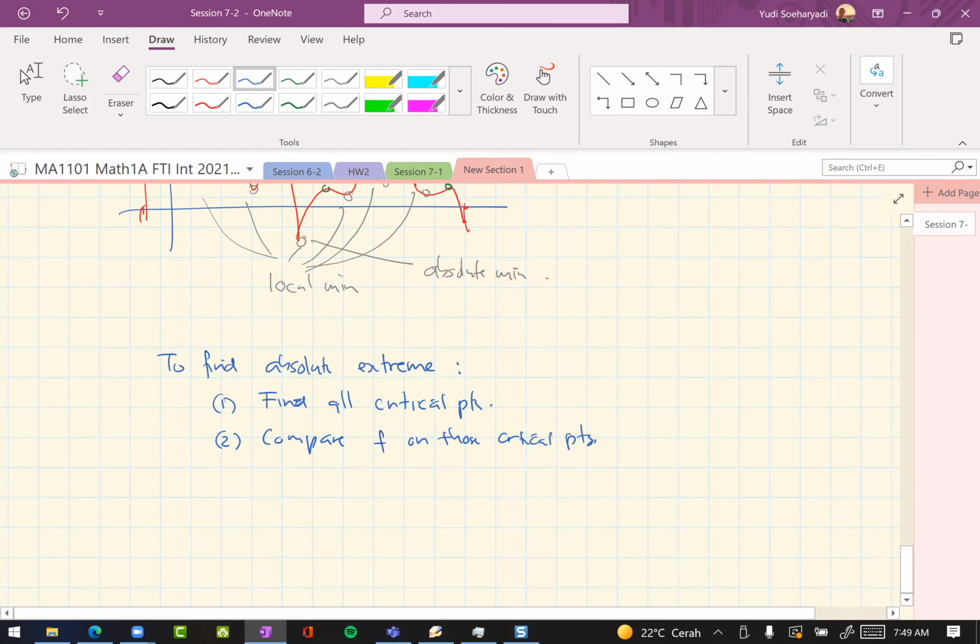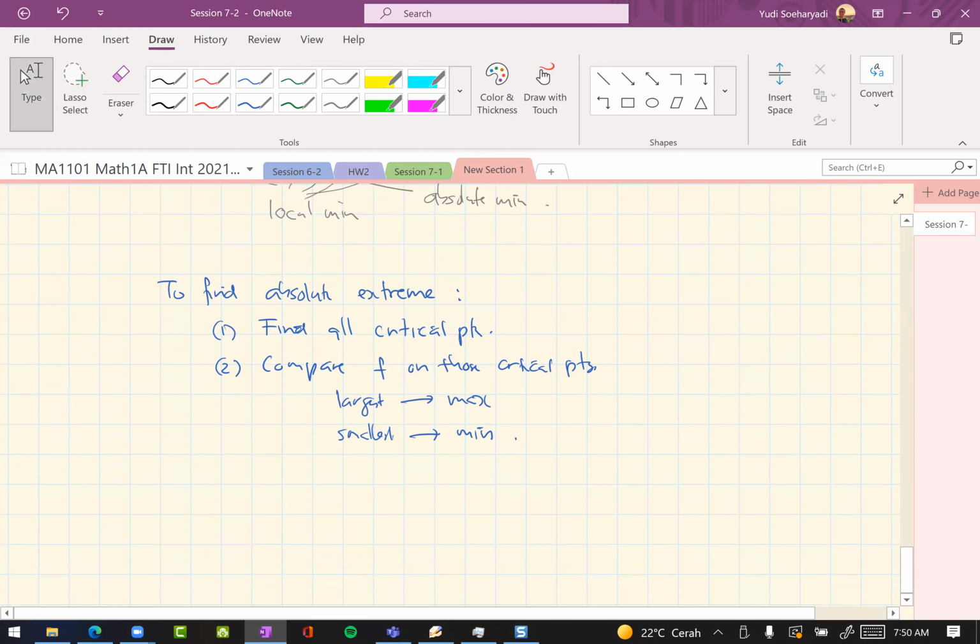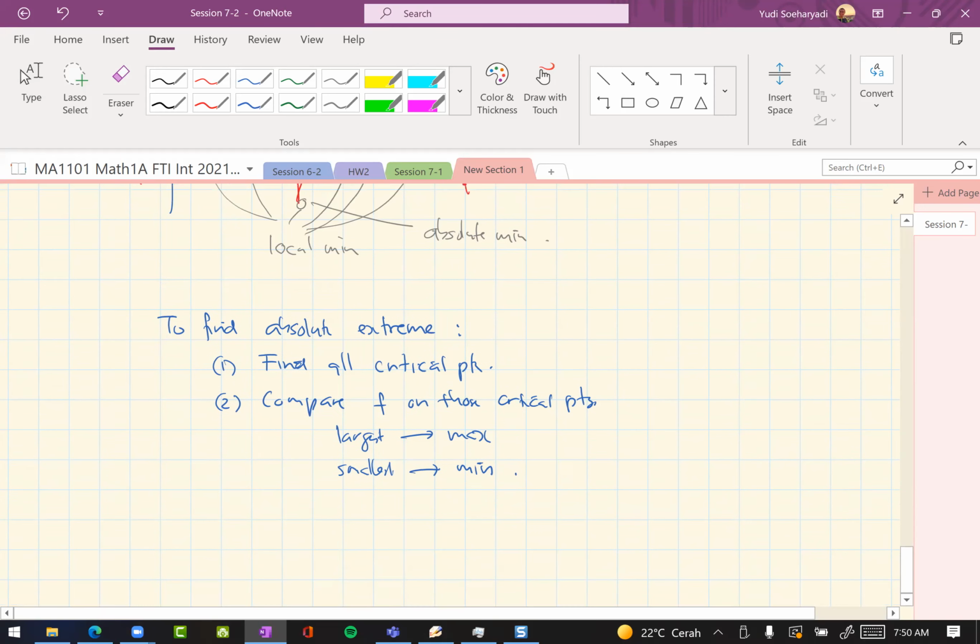The largest would be the max, the smallest, the lowest would be the min. Okay? So you have to find the absolute extreme, including the endpoints. Okay, we'll do some more examples.